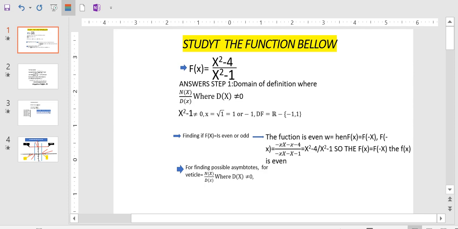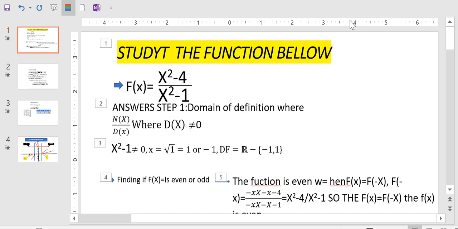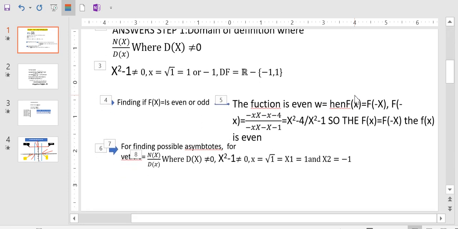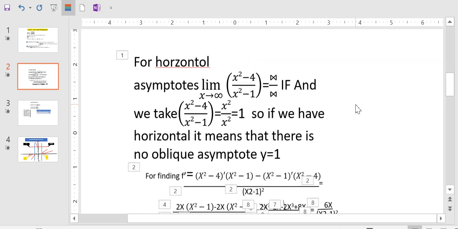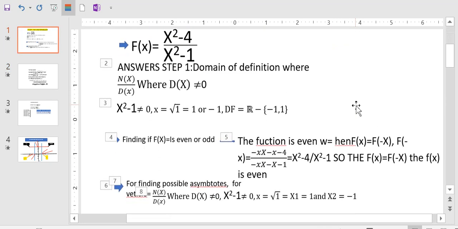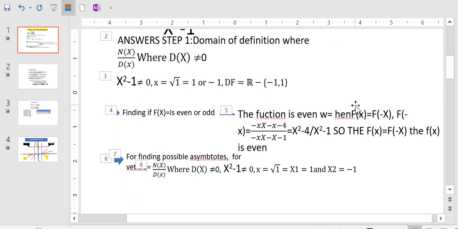For finding the possible asymptotes of this function, we must first find the vertical asymptote, where n of x over d of x, where d of x is different from 0, and we find the value of x1 and the value of x2.